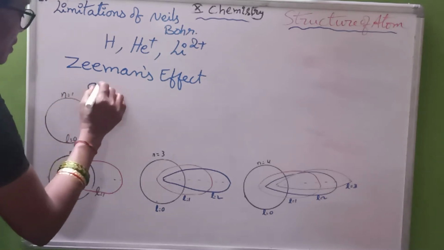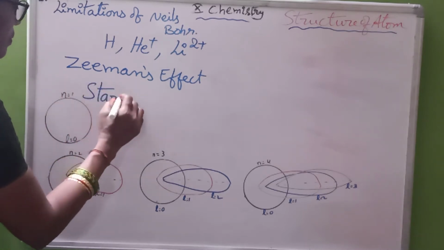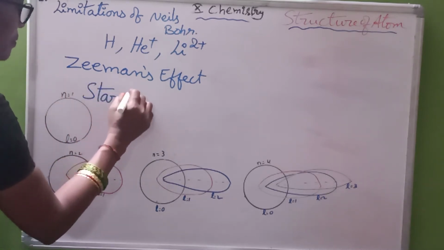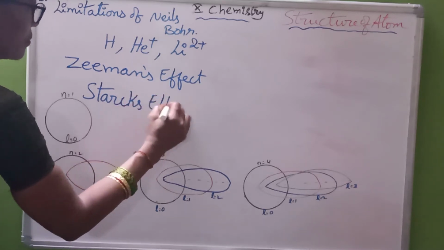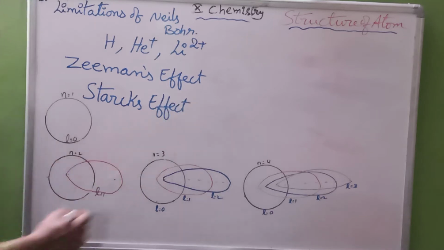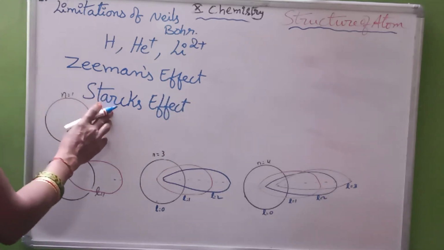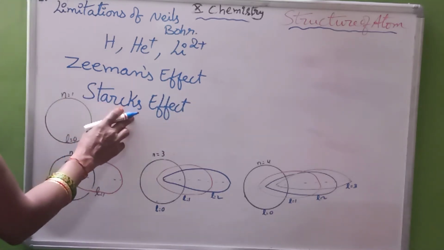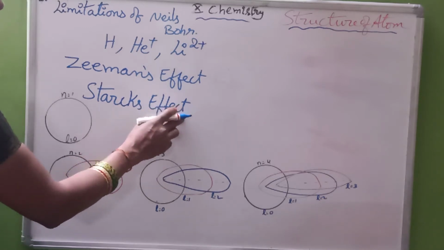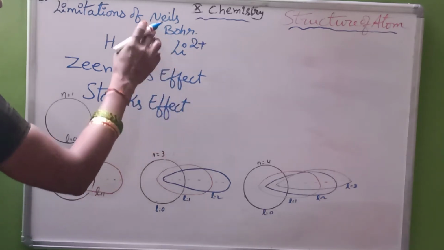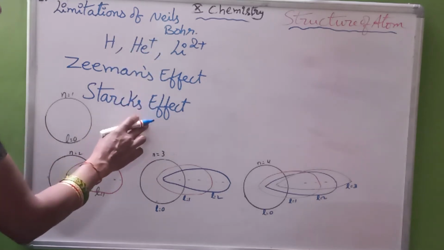Next one is Stark's effect. Stark's effect is when the atomic spectra is kept in an electrical field, we find some discrete lines, and he did not give clarity for Stark's effect either.